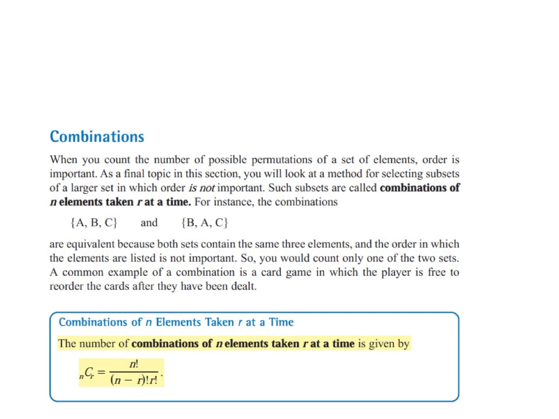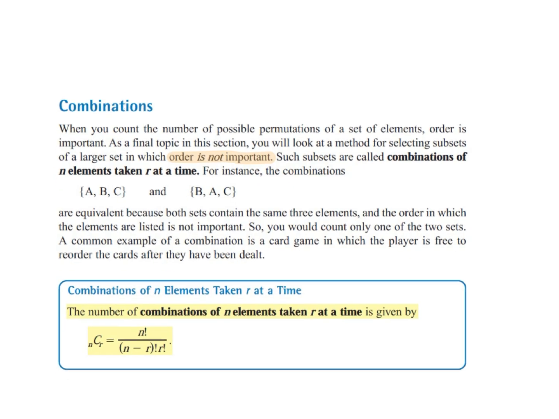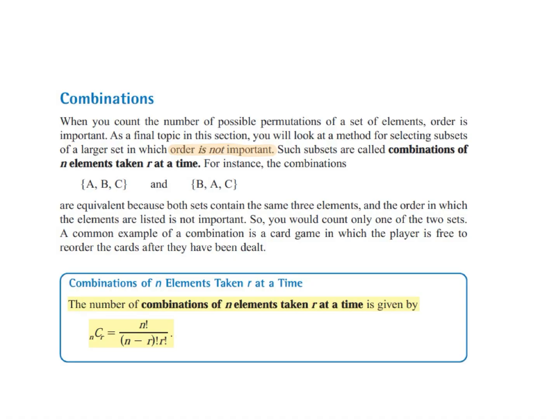So we had said in combinations, the order is not important. So it says that ABC and BAC are equivalent because both sets contain the same 3 elements, and the order in which the elements are listed is not important. So we would only count one of these 2 sets. So when we're finding combinations, we've got to divide by a little bit more.